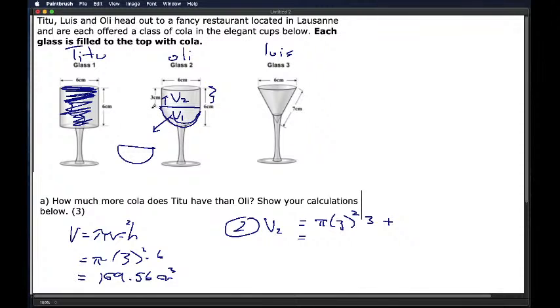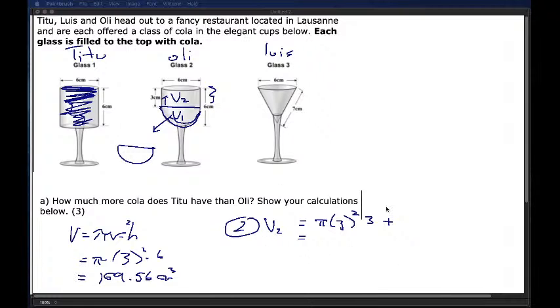So we need the formula for the volume of a sphere. Off the top of my head, I just got to look it up because I haven't memorized it. I think it's 4/3 pi r cubed, is it? Yeah.